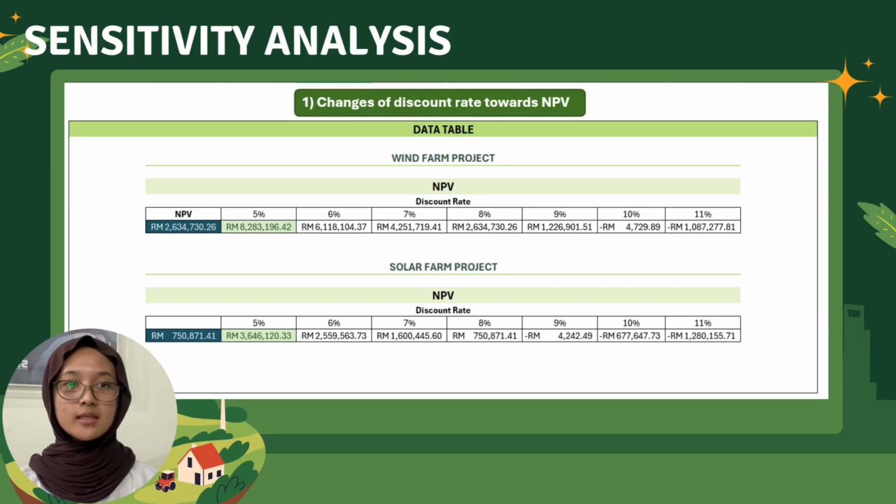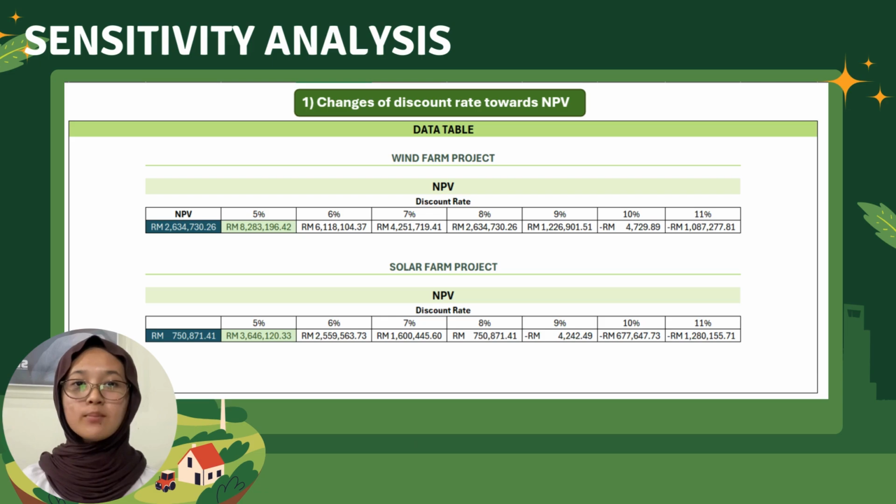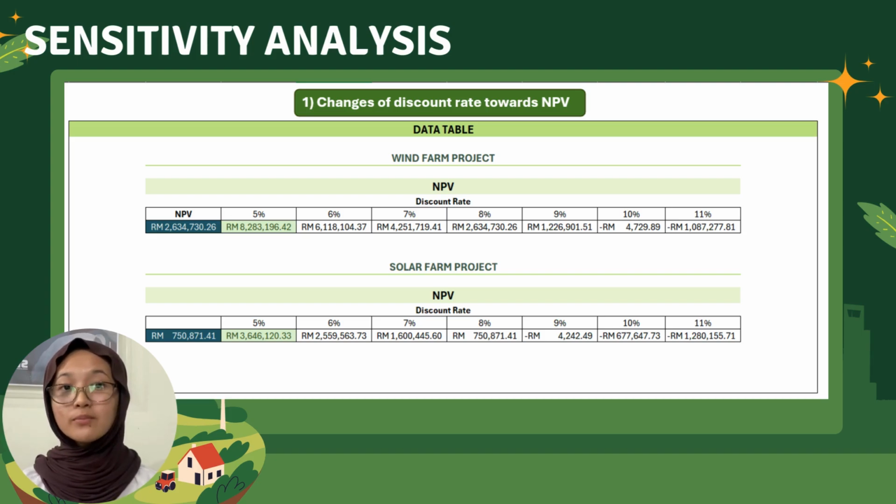Next, we will look at how changes in the discount rate affect the NPV of our wind farm and solar farm projects. This slide shows the NPVs for both projects at different discount rates from 5% to 11%. For the wind farm project at a 5% discount rate, the NPV is RM8,283,196.42. As the discount rate increases to 6%, the NPV decreases to RM1,118,104.37.